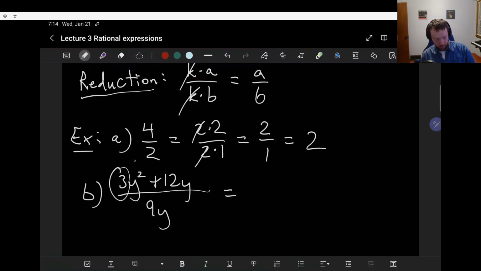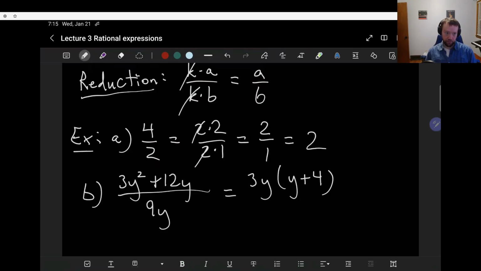But there's a times 3 hidden in both terms as well, since 12 is 3 times 4. So I'm going to factor out a 3y. That leaves me with y plus 4, once I've divided both terms by 3y in that numerator.